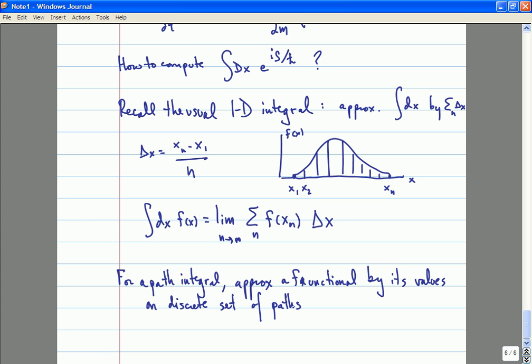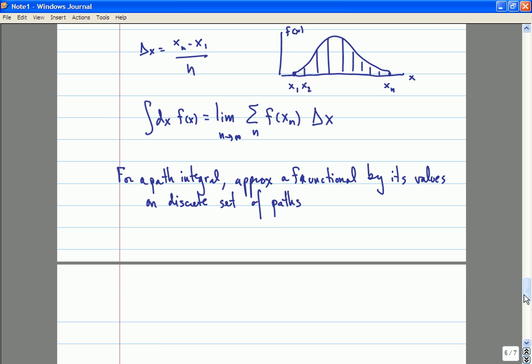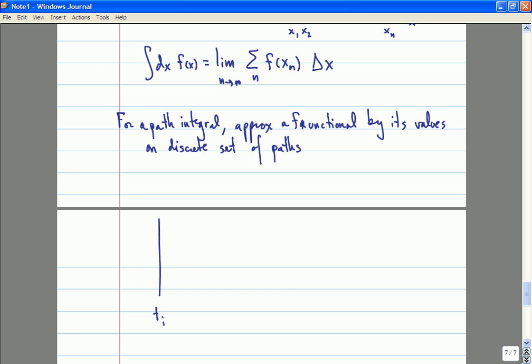So, for example, let us imagine that we have some t initial here, and the particle starts at some point x initial. Let us, as we did earlier, imagine calculating the amplitude from x initial at t initial to x final at t final by defining a bunch of intermediate times, which I'll call t1 up to tn minus 1.